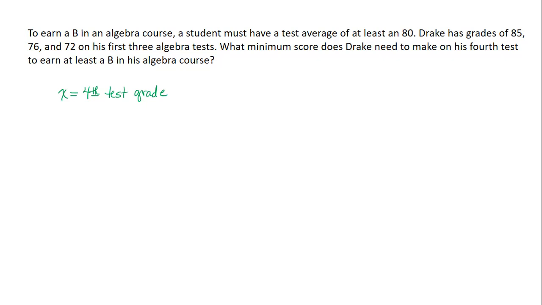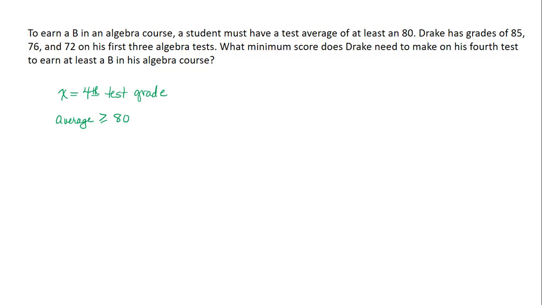We also know that he wants an average of at least a B. This means that the average of the four test grades must be greater than or equal to 80. So to answer this question, we solve the inequality formed by setting the average of the four tests greater than or equal to 80.